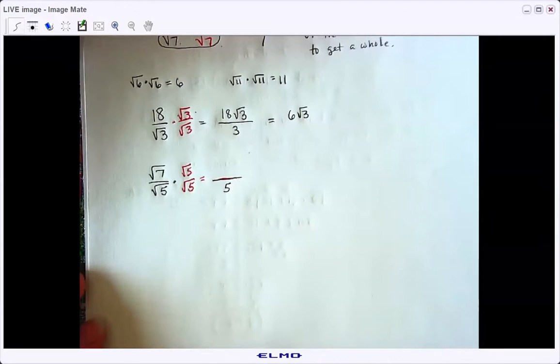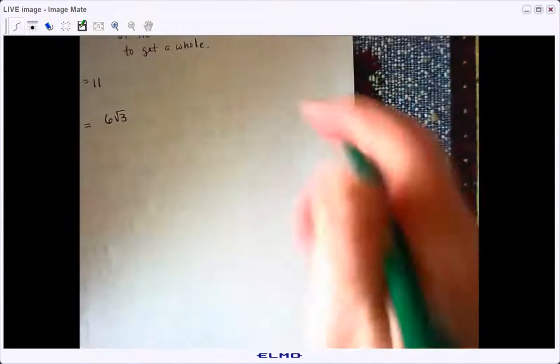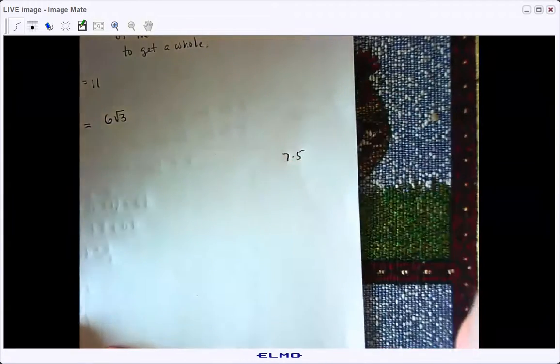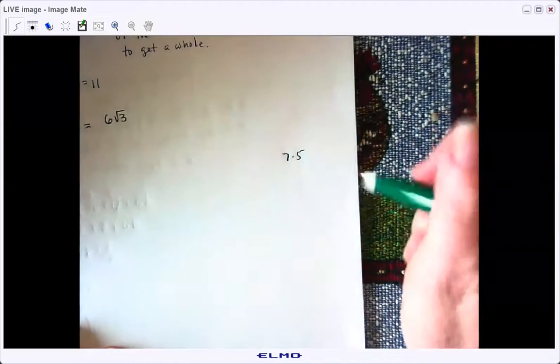Some of you are a little unsure. Some people are putting it in the chat box because they're not sure. So if I had 7 times 5, we know that's 35.